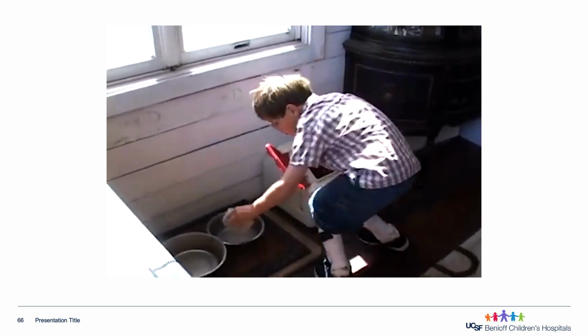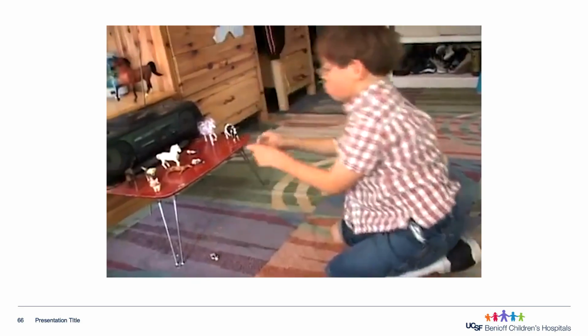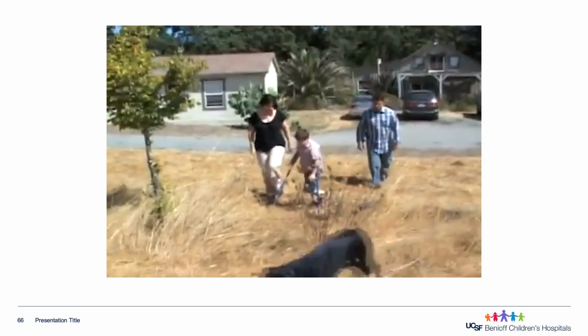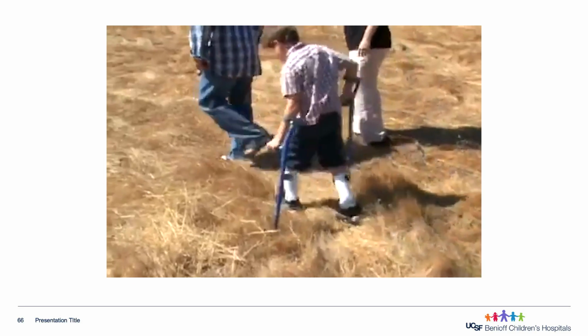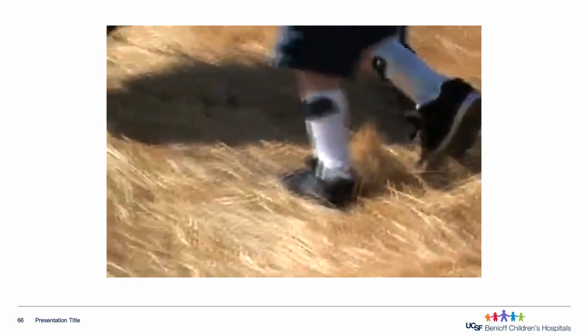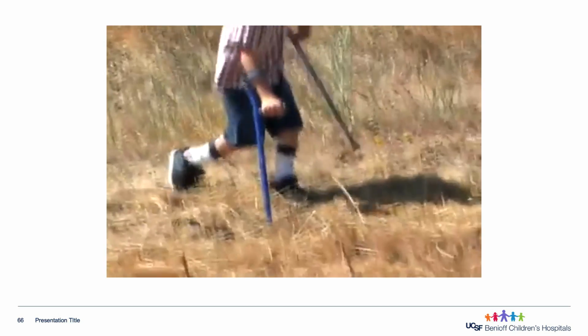That Creighton could have an independent life, that he could eventually walk into an interview and shake the hiring manager's hand, that he would stand at the altar when he got married, were things that we hadn't thought about a lot, but hadn't really expected for him.